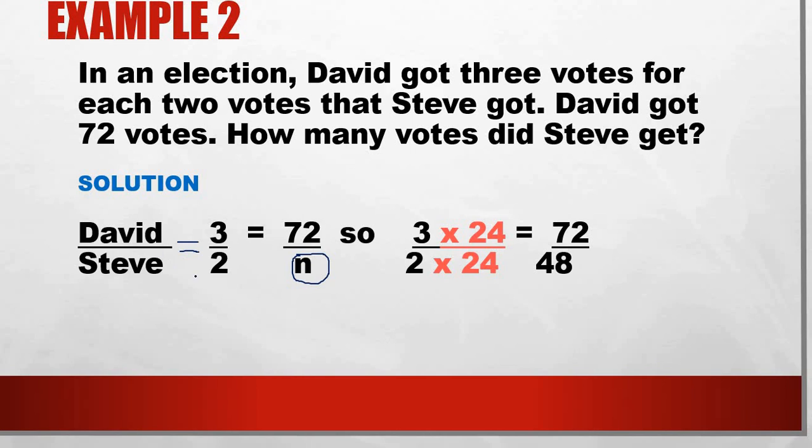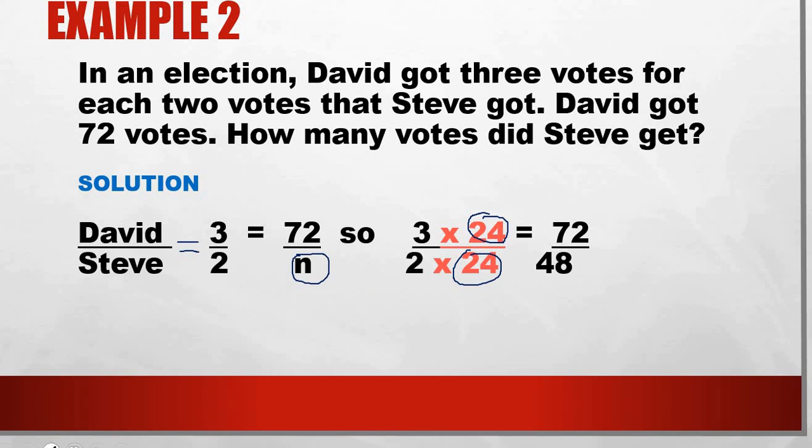Now I can cross multiply like I did previously, but I think here I figured out a number that I can multiply 3 by to get 72, and I have it as 24. So I did multiply both 3 and 2 by 24, and I have my 72 and 48.